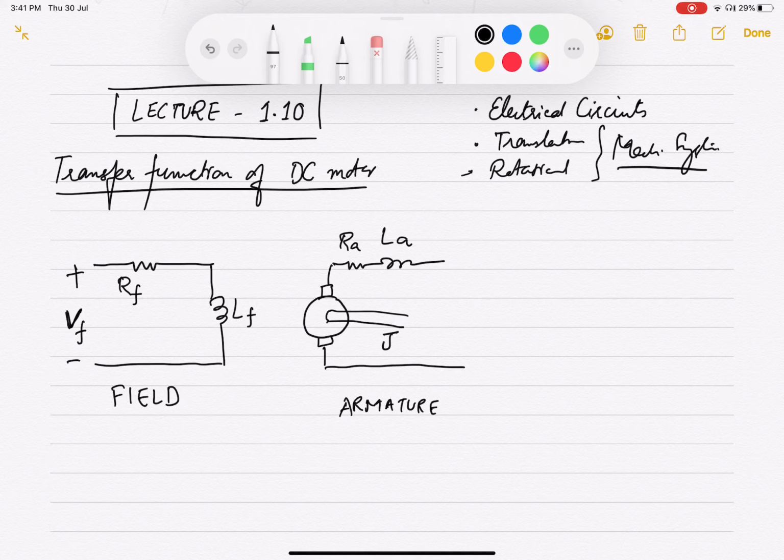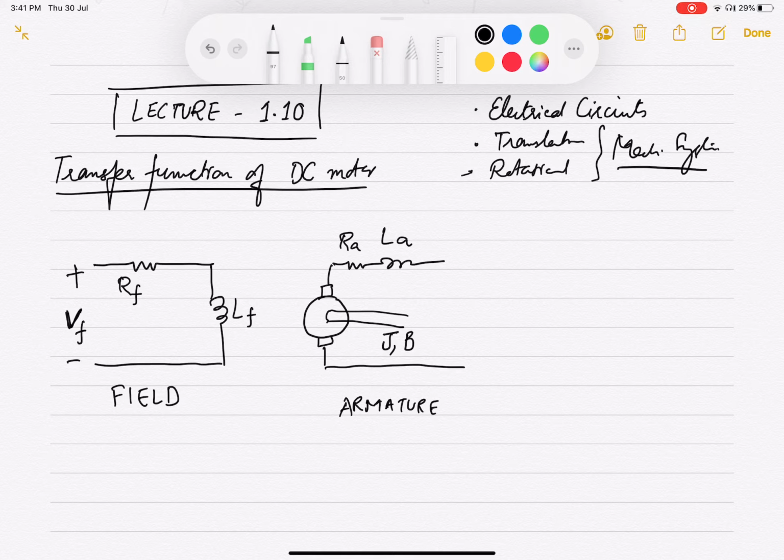The mechanical load on the motor is shown in terms of these parameters: J, the moment of inertia, and B, the damping. There is no spring constant generally found in applications where motors are used.